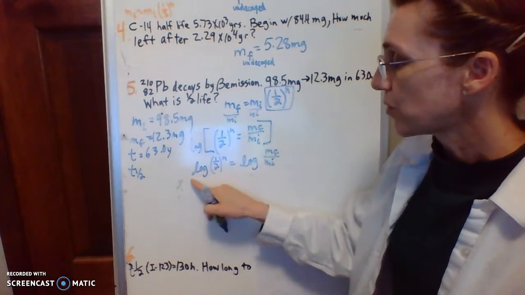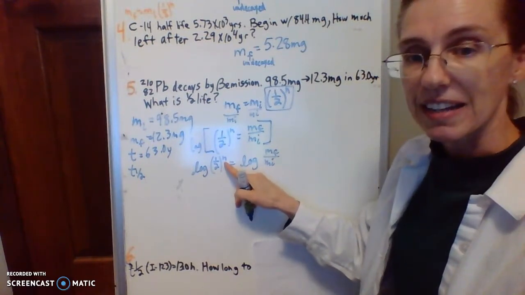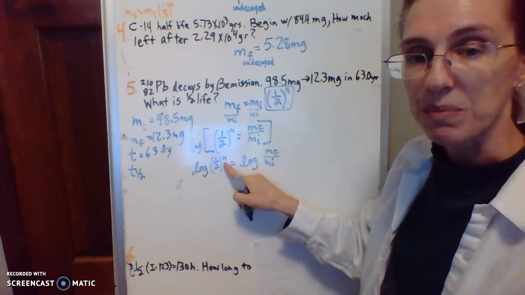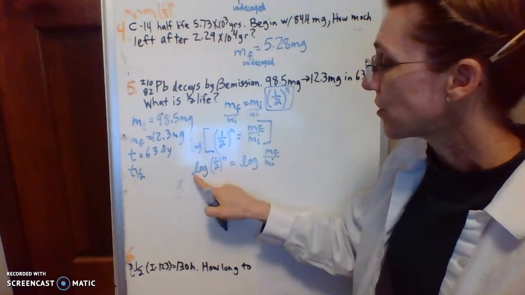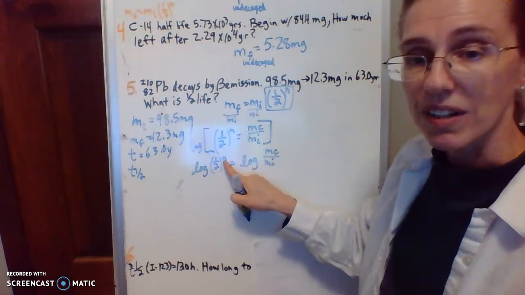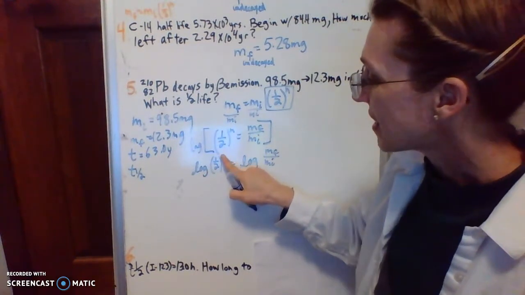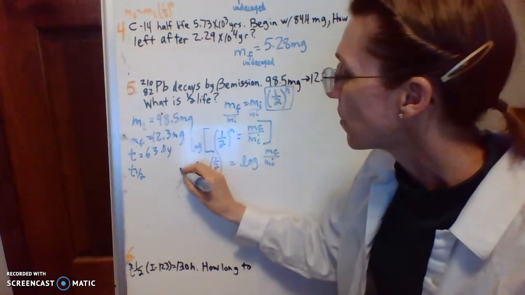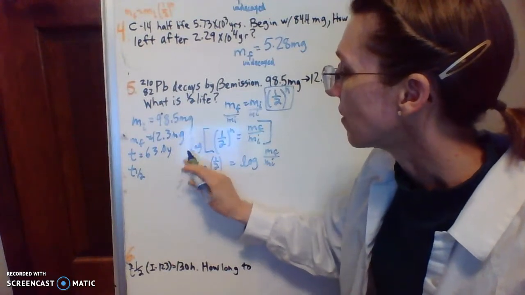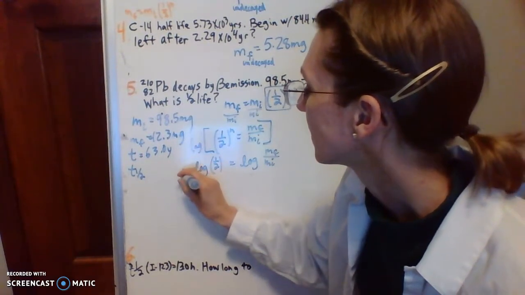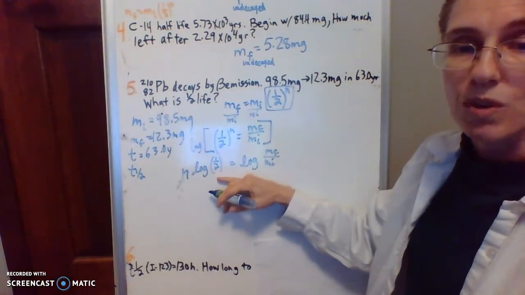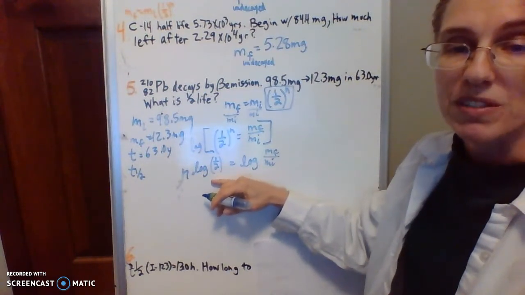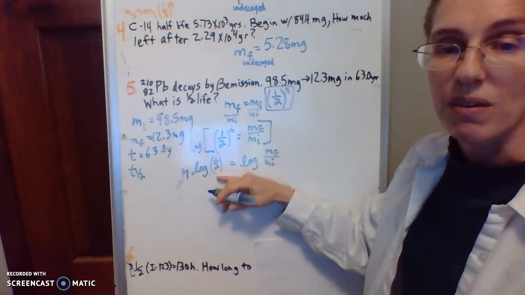Now, we've got a rule here on how to solve for that n, and this is where I wanted to go through this because we may have forgotten it. If you have the log of something to a power, that's the same thing as taking that power and multiplying it by the log. So n times the log of 1/2 is the same as log of 1/2 to the nth power.